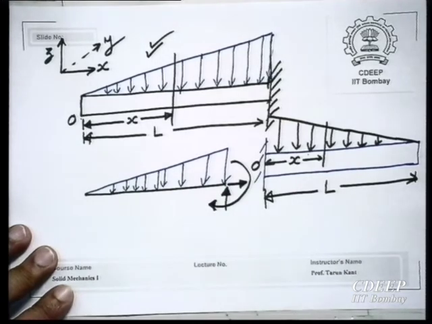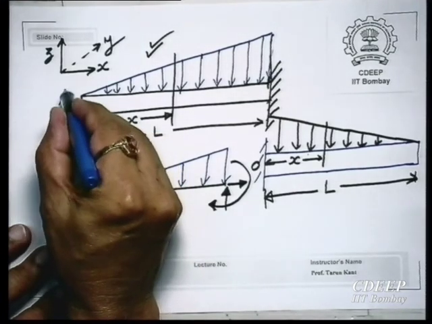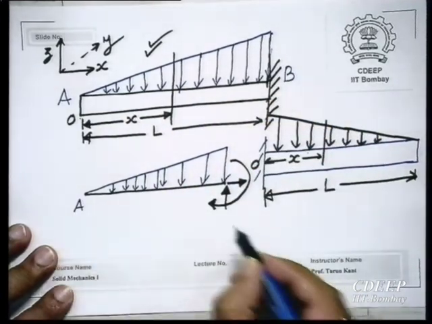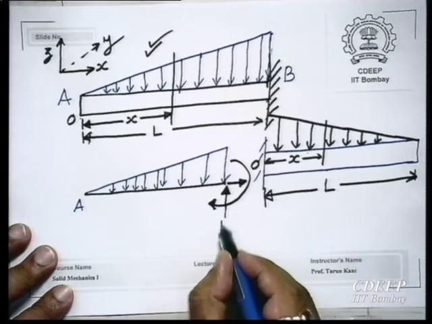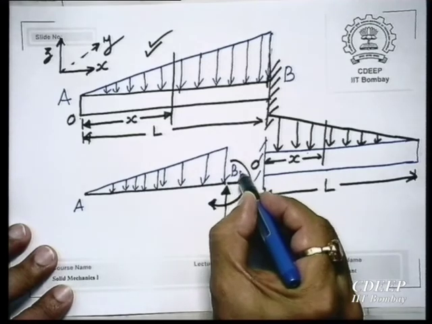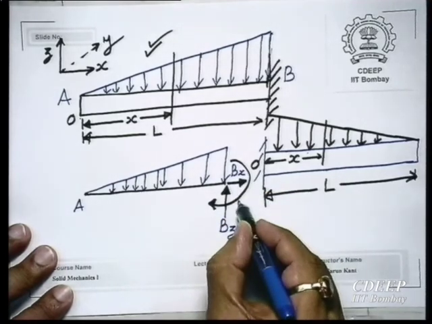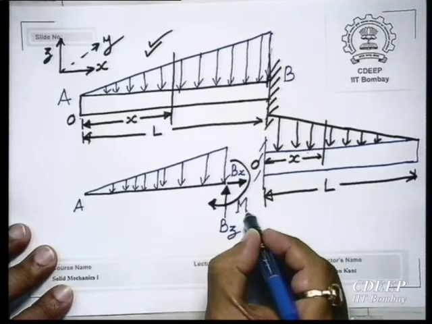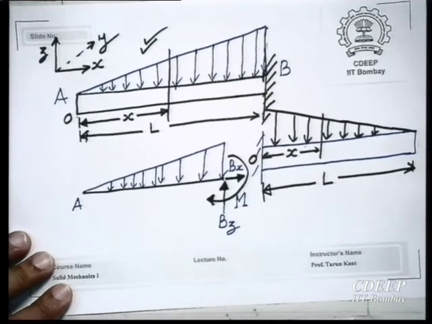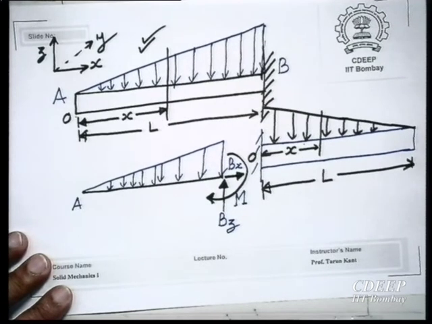So, if this is my A, this is B, so this is BZ, this is BX, and this one, what should I say? M, moment. I cannot say BY, because then the meaning is not conveyed.